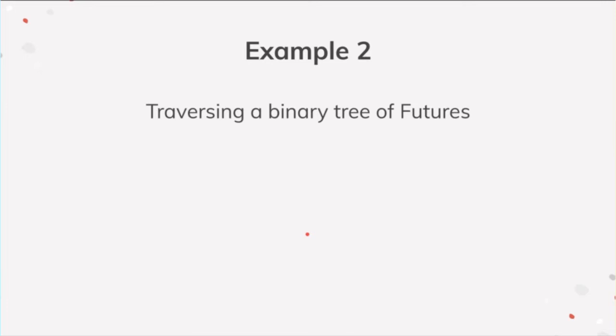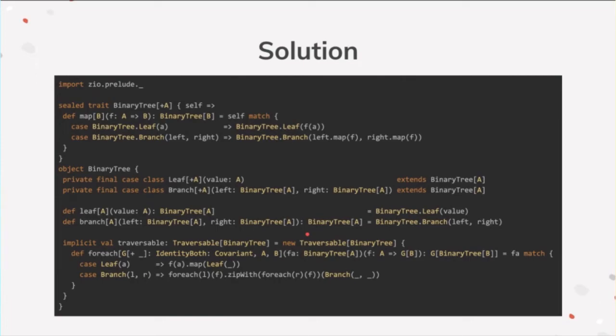And as I've mentioned before, the good thing about this is that having implemented the forEach method, I get all the other methods that come from the Traversable type class for free. So that's really great. Here, for example, I have an echo method that receives a String and returns a Future of String.